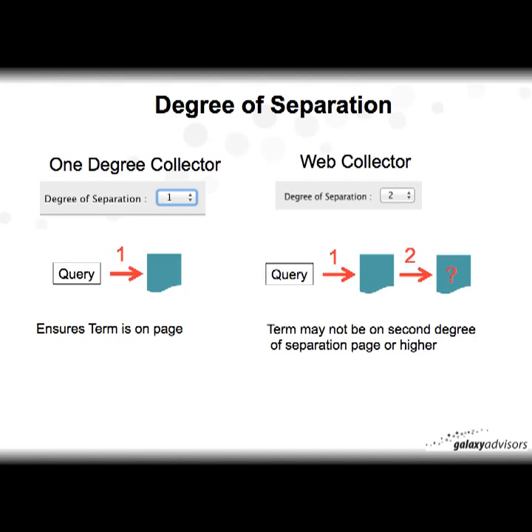Now in the web collector, its default is 2 steps. So you have the pages 1 step away where it's going to find your term or URL, and then it's going to go out another step and say what websites are connected to that first degree. So the important point is, if you go out to the 2nd degree, your term may or may not be on that 2nd degree web page or URL.